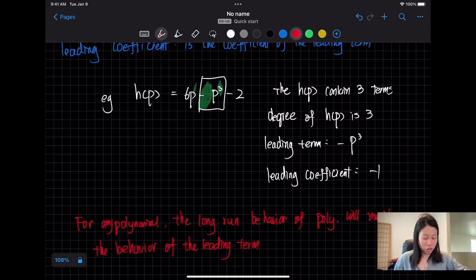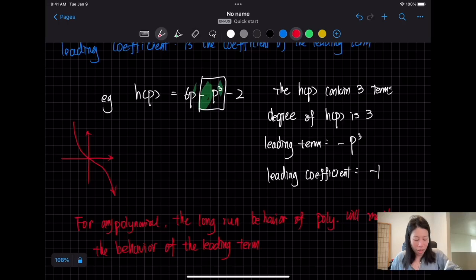So I know that our leading term is negative p to the cube. What does this function look like? When we learned about power functions, I know that this is going to look like a cubic function with a vertical reflection. So the function is going to look like this one.